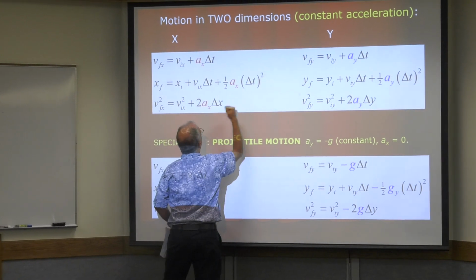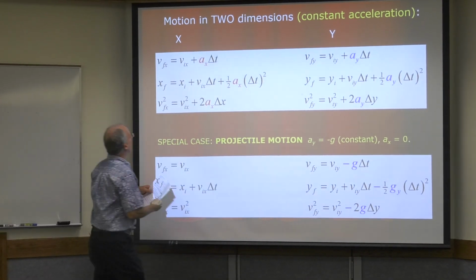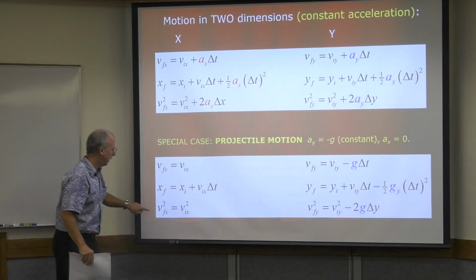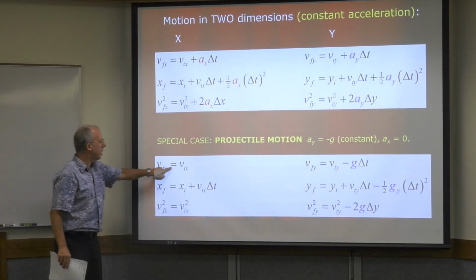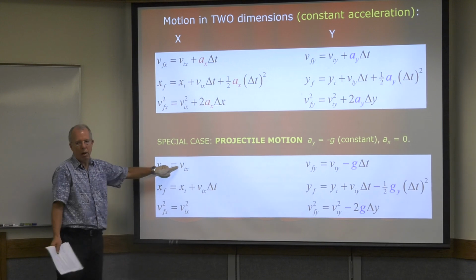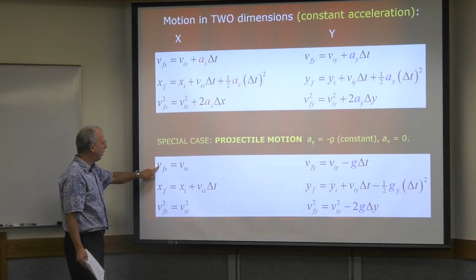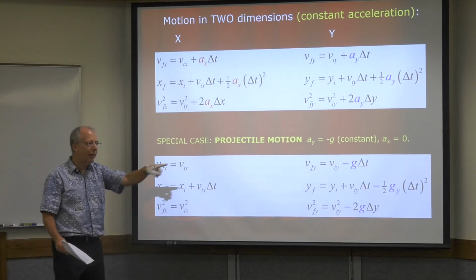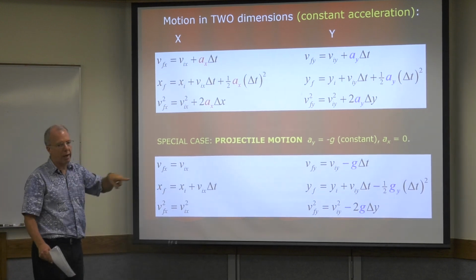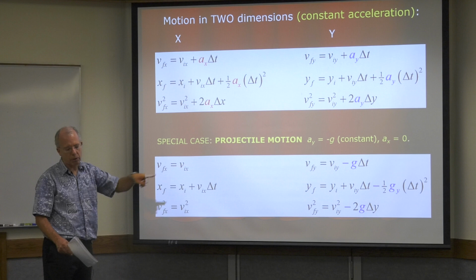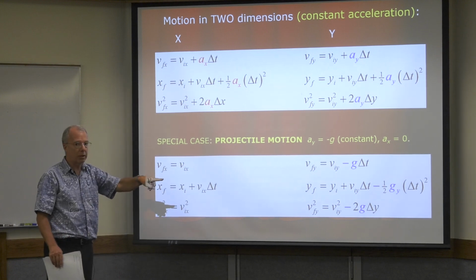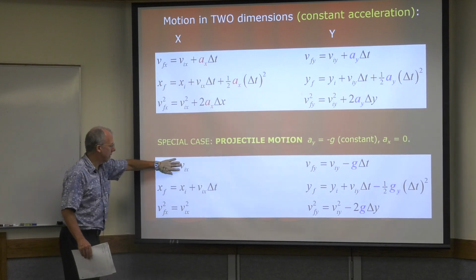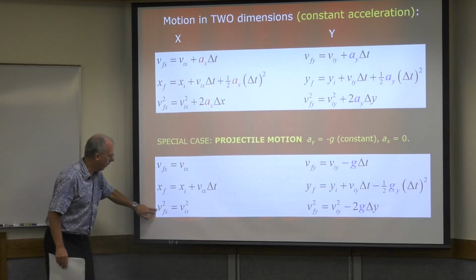This is 0, goodbye. This is 0, goodbye. So we have this and this. Now, does this tell you anything? No. It just says that the final x velocity equals the initial x velocity. Well, no kidding. Remember, there's no acceleration along the x direction, so the velocity along the x direction doesn't change. So this is sort of a waste of time. This is also a waste of time.